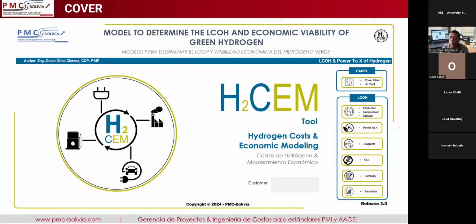The scope of the model is to analyze the whole ecosystem: renewable source, plus electrolyzer plants, plus compression, plus storage. The whole ecosystem is involved in the analysis and modeling in the H2CEM.